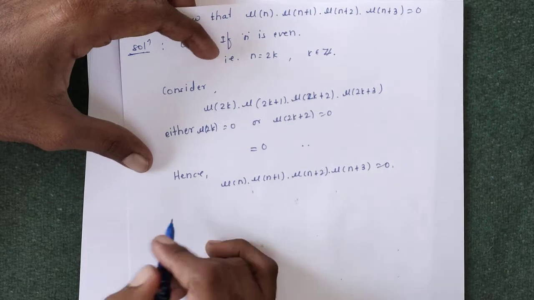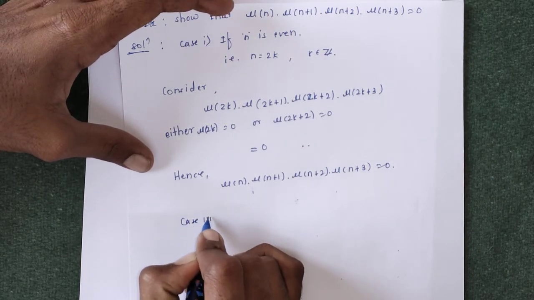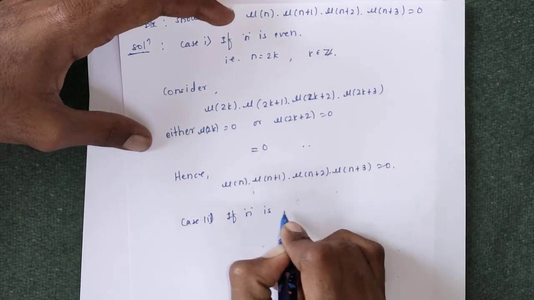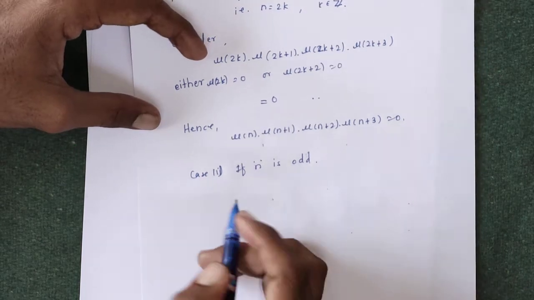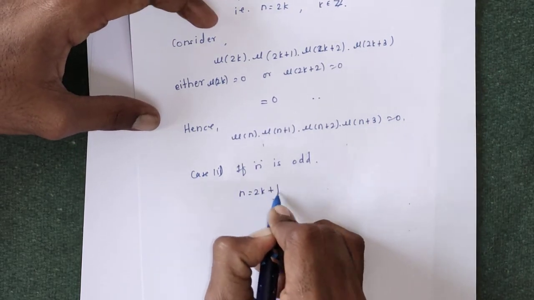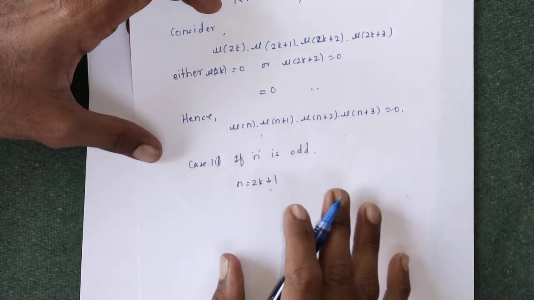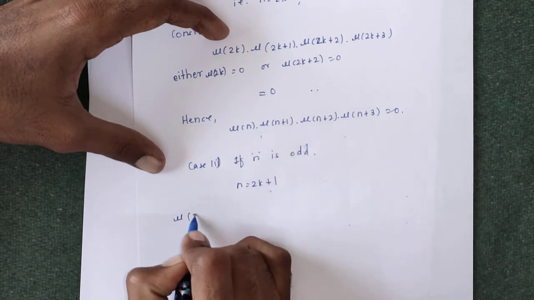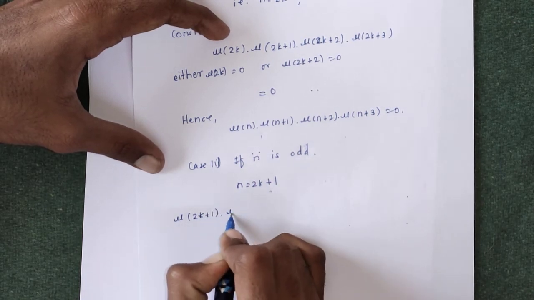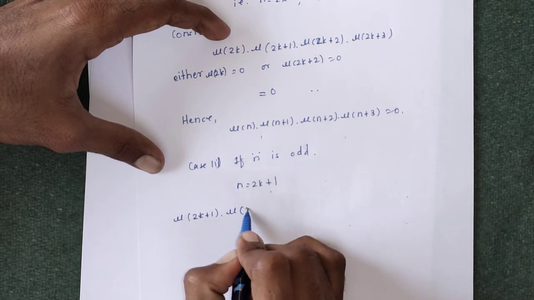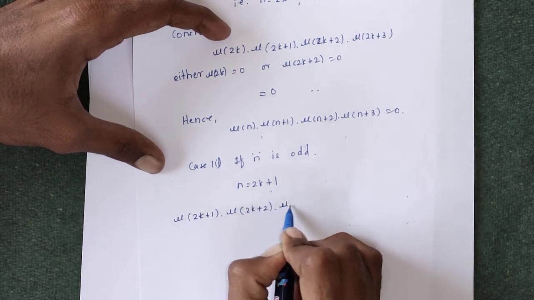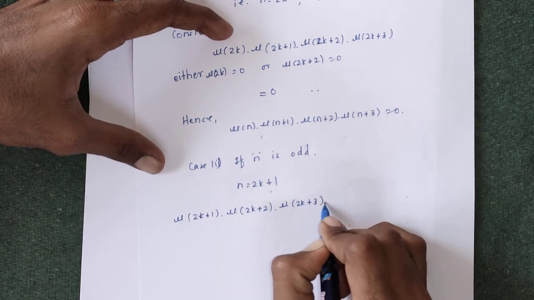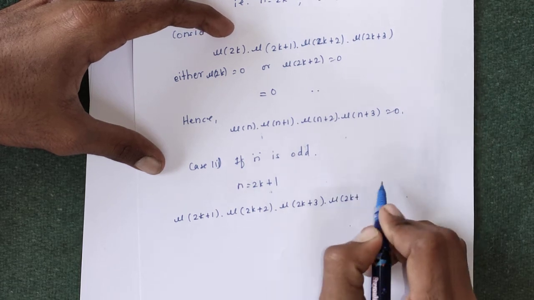Now the second case: if n is an odd integer, then n is of the form 2k plus 1 where k is an integer. Now consider the left hand side, that is mu of n, which is mu of 2k plus 1, into mu of n plus 1, that is 2k plus 2, into mu of 2k plus 3 into mu of 2k plus 4.